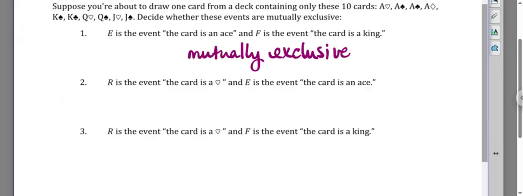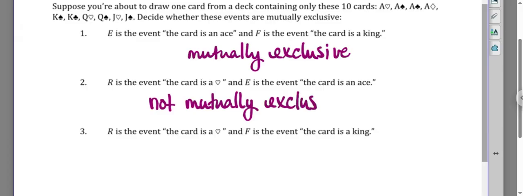So it is not mutually exclusive, because one of your cards is an ace of hearts. Number 3, is it possible for a card to be a king and a heart at the same time out of those 10?